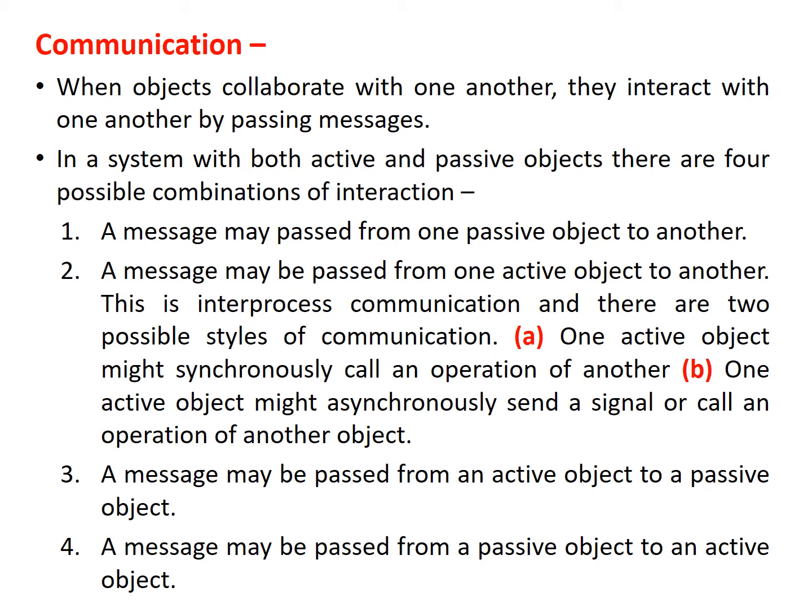That is, first, one active object might synchronously call an operation of another, and second, one active object might asynchronously send a signal or call an operation of another object. This kind of communication has a mailbox semantics, which means that the caller sends a signal or calls the operation and then continues on its independent way.